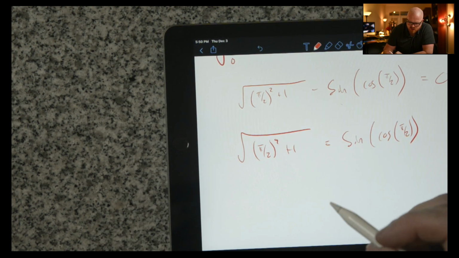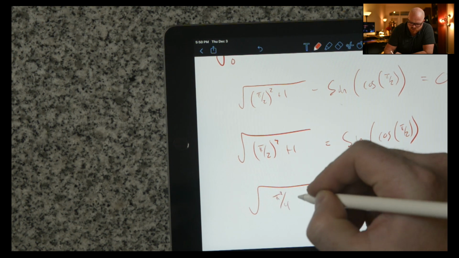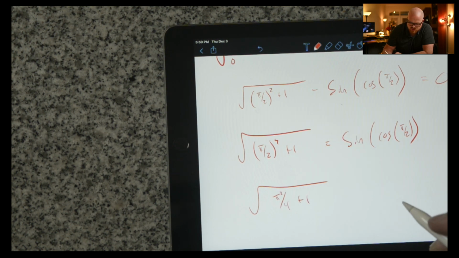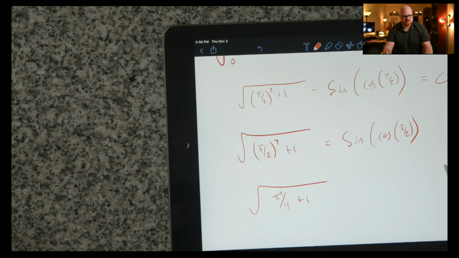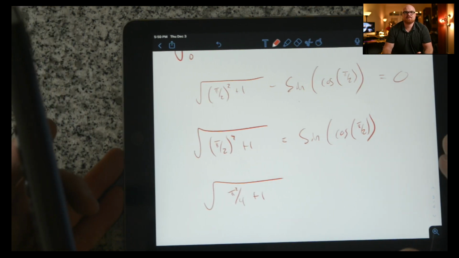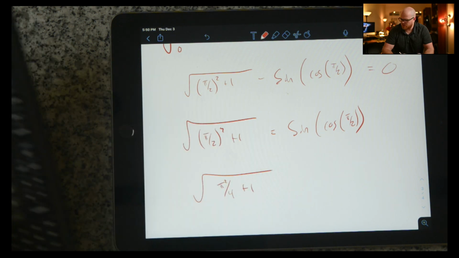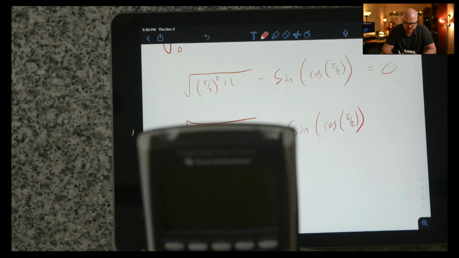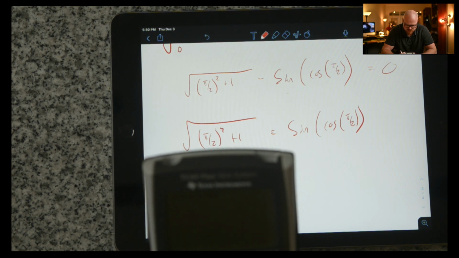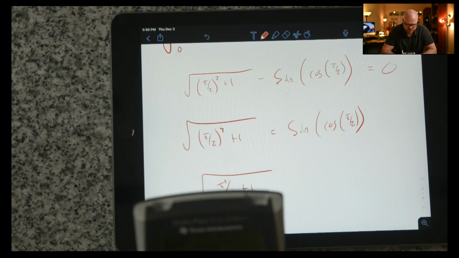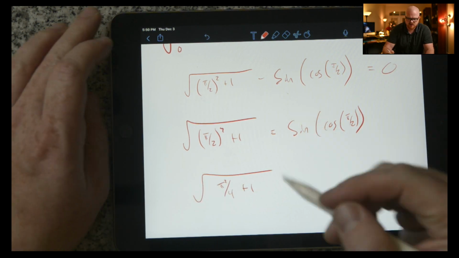So that'll be square root of pi squared over 4 plus 1 equal, let's see, cosine of pi over 2. Off the top of your head, do you know that one? Nope. I think it's 0, but let me double check. Let me use this calculator because the keystrokes are easier. Cosine of pi over 2, let me put it in radians before I do that. Cosine of pi over 2 is 0, yes, okay.